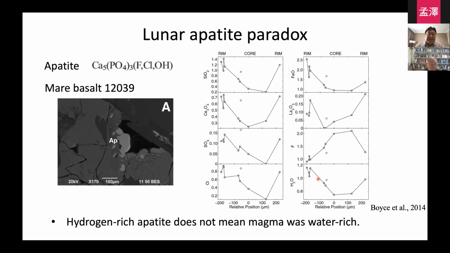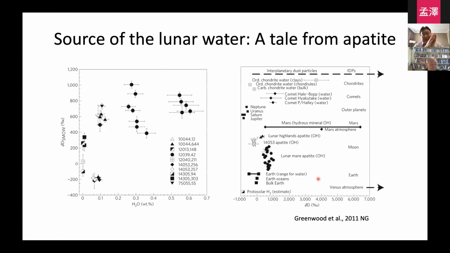However, the hydrogen isotope in the lunar apatite is very useful. In 2011, Greenwood and his colleagues analyzed a lot of apatite grains from different lunar samples.